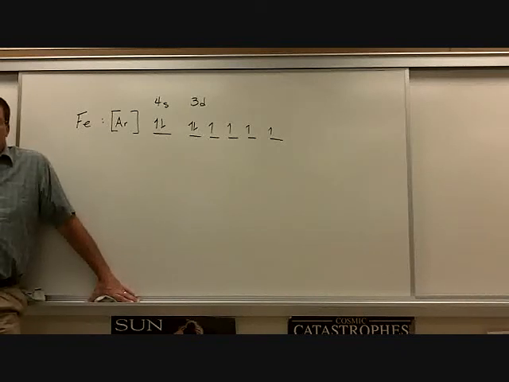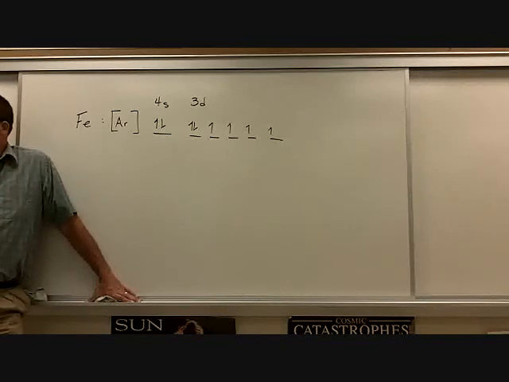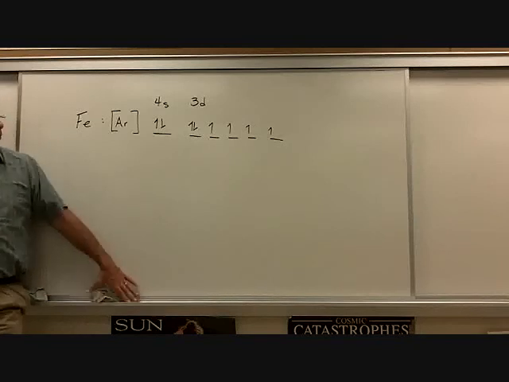Now, can one of the 4 sets of criteria be met here? In other words, if I take one electron out of the 4s and place it in the 3d, will I have a half-filled d? No. If I take both the electrons out and put them both in the 3d, can I have a full? No.